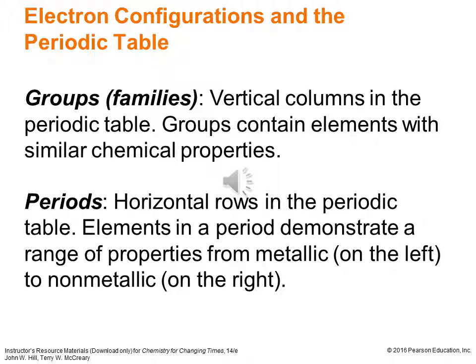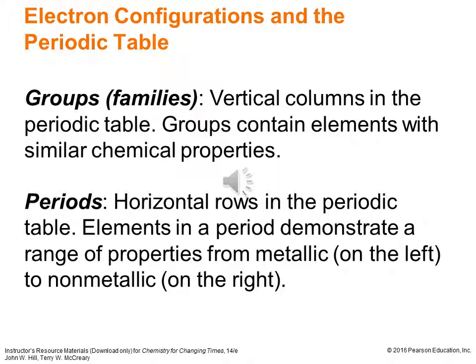For group 7A or 17, the halogens, they're more reactive as you go up because they're gaining electrons, so it's easier to gain that electron if you're close to the nucleus, like fluorine, compared with being far from the nucleus like iodine. So reactivity depends on the type of chemistry that happens.